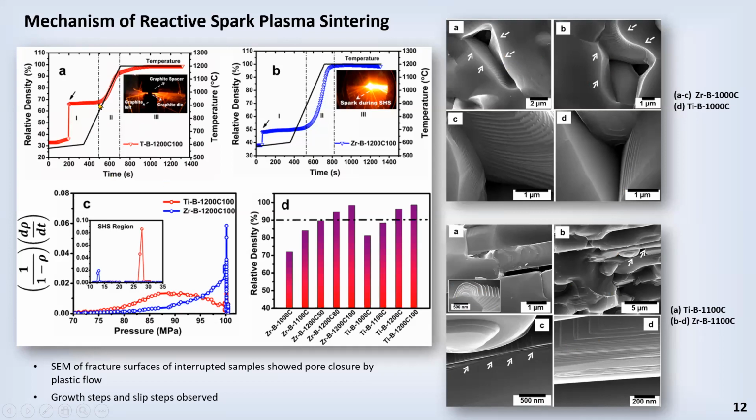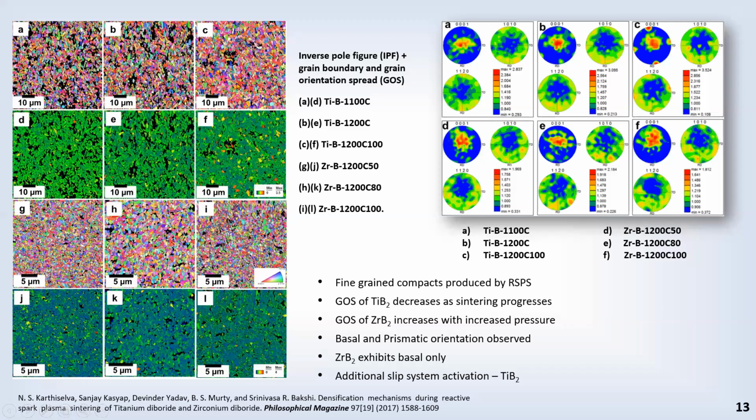We studied the ceramic samples in further detail by EBSD, and you can show that indeed there is both basal and prismatic slip happening in TiB2, which assisted the sintering, whereas there is only basal slip in the case of ZrB2. So plastic flow is definitely happening, which is assisting this sintering.